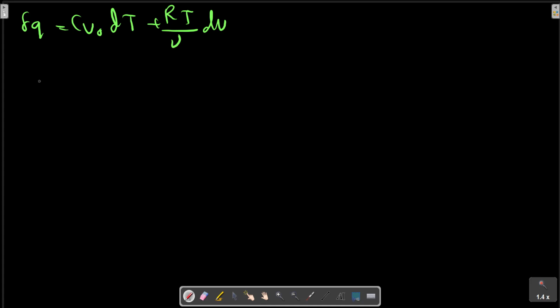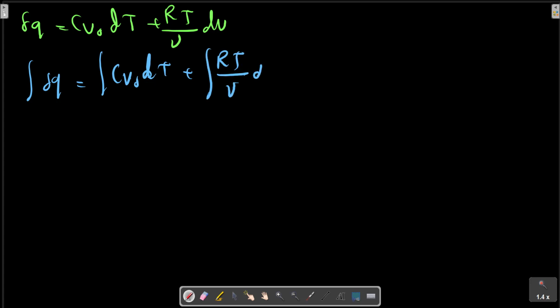With integration, we have C_V0 dT plus the integral. So we have Q_H for process 1 to 2.